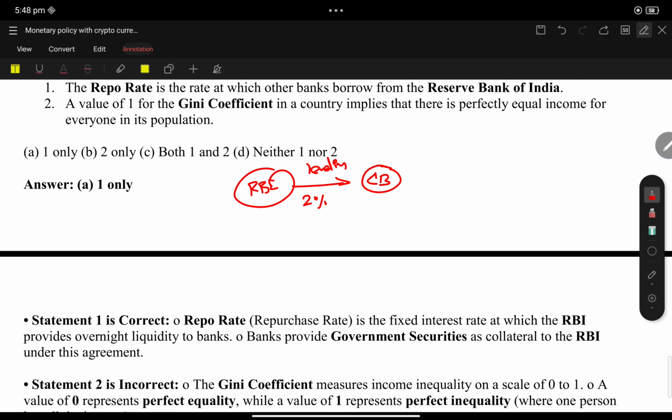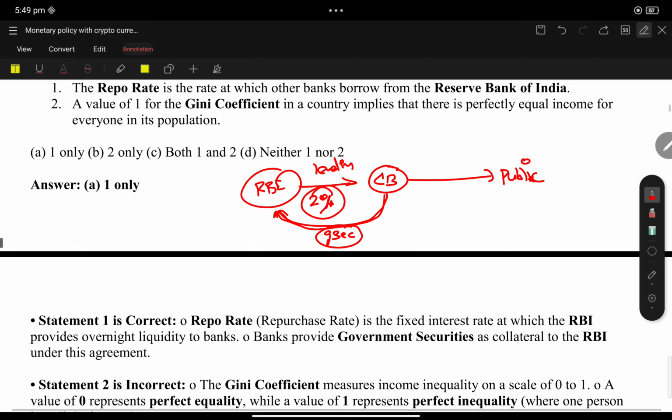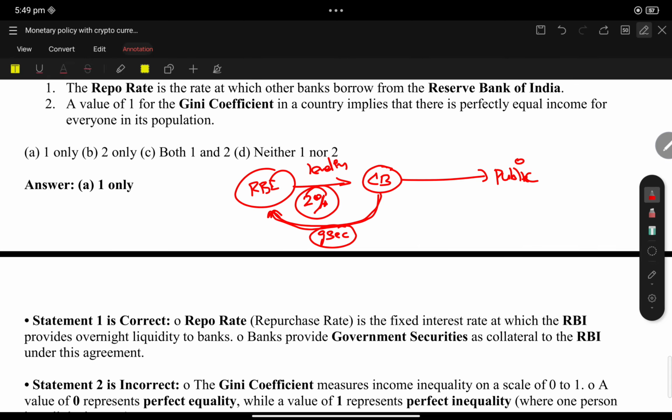The commercial bank gives the surety as GSEC, and then lends to the public. This 2% interest must be paid to RBI, so the commercial bank will fix the interest rate at more than 2%, let us say 3%, because the commercial bank also looks for a profit.